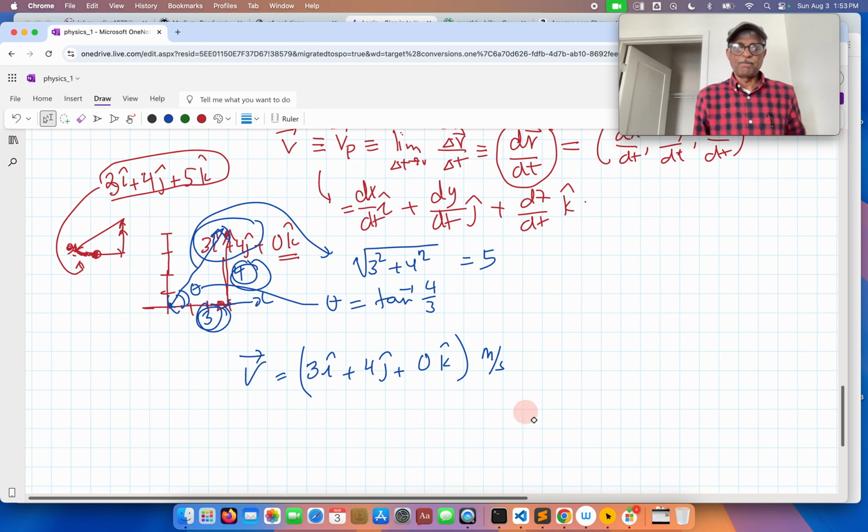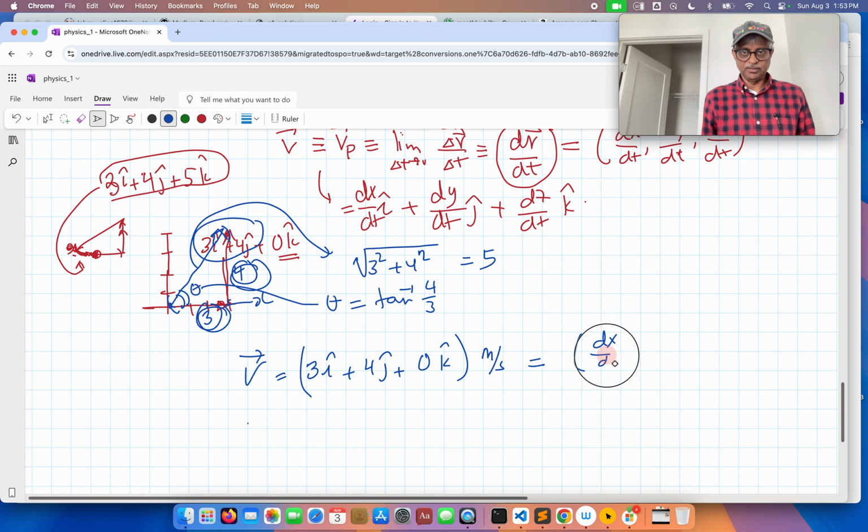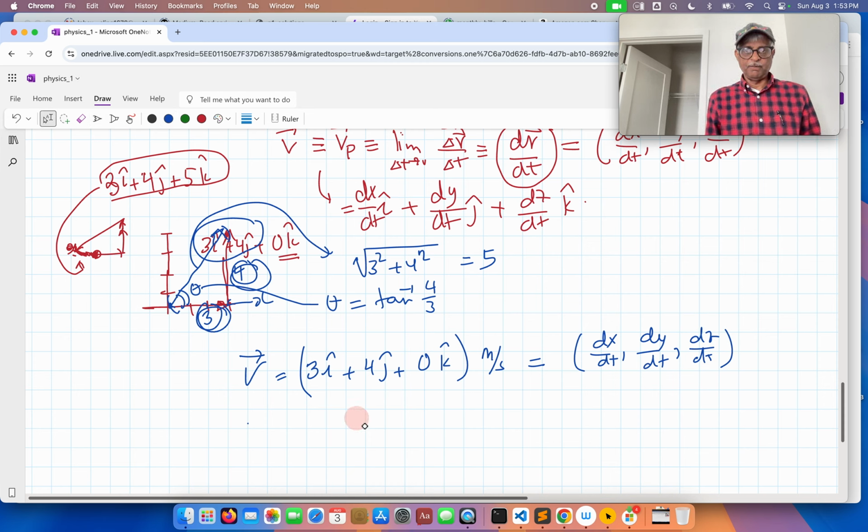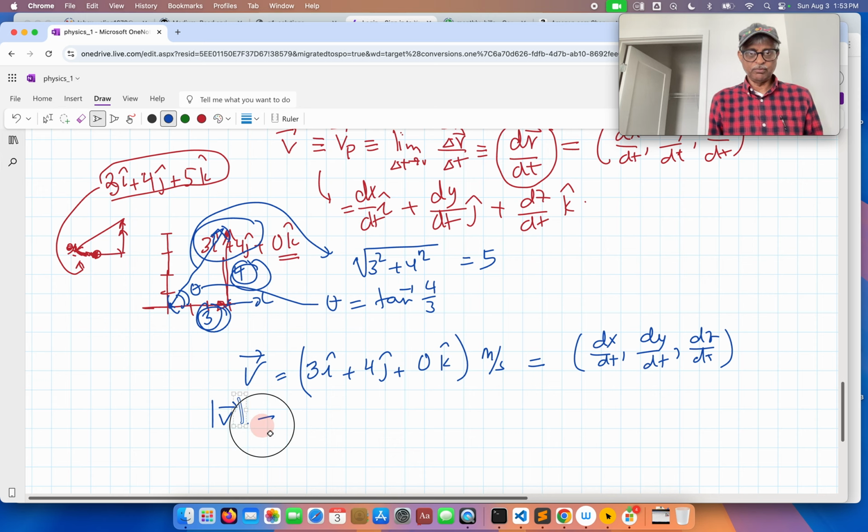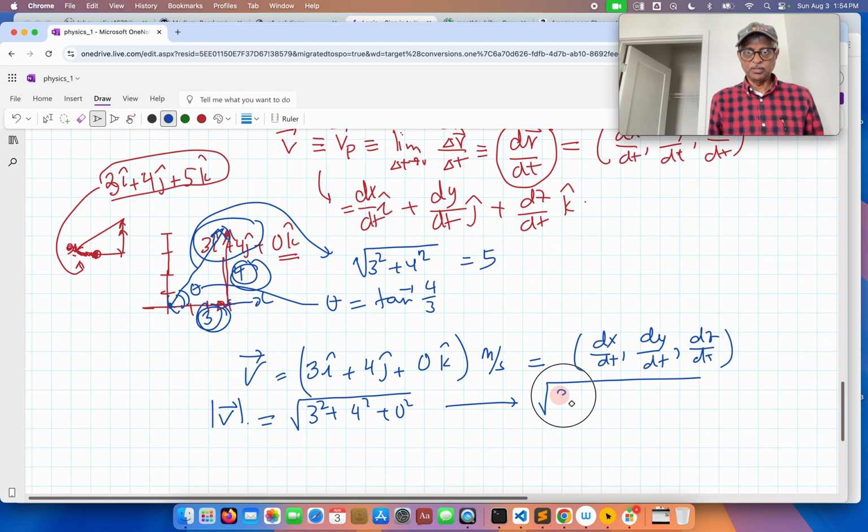Its magnitude will be written like this: the square root of 3 squared plus 4 squared plus 0 squared. So in general it will be the square root of dx over dt squared plus dy over dt squared plus dz over dt squared.